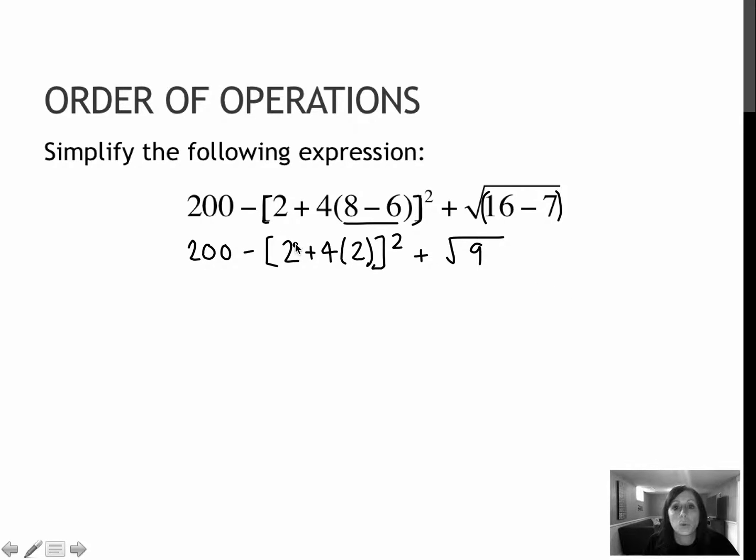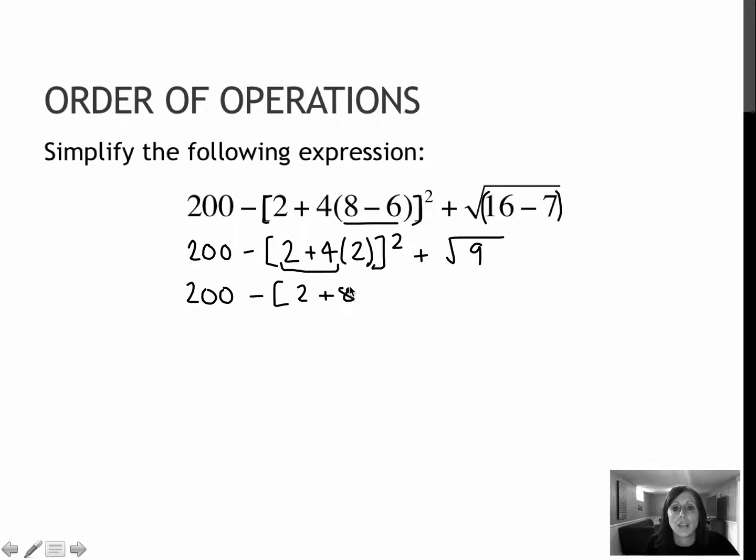Now, I don't have parentheses left, but I do have brackets, and brackets are just parentheses. I could have written them as parentheses this time, but before I can do anything with the 200, I still have to evaluate everything that's going on in here. So again, I have a lot of students who want to take 2 plus 4 at this point, but within the parentheses, I'm still following the order of operations, which is that multiplication must happen before I do addition.